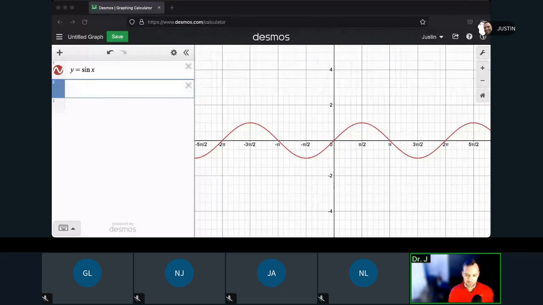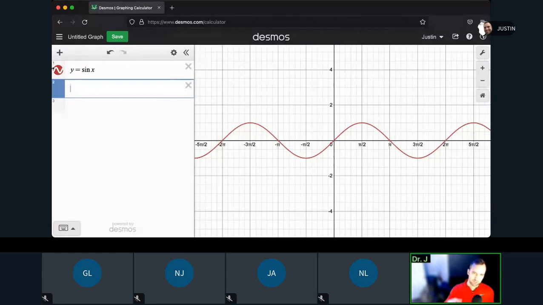And if you notice, sine, the parent function, sine of x. Whenever I say parent function, it's the function that doesn't have any type of translations or shifting.